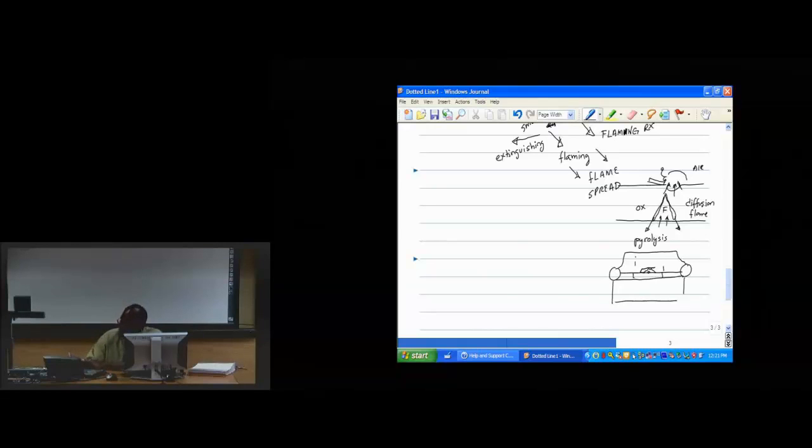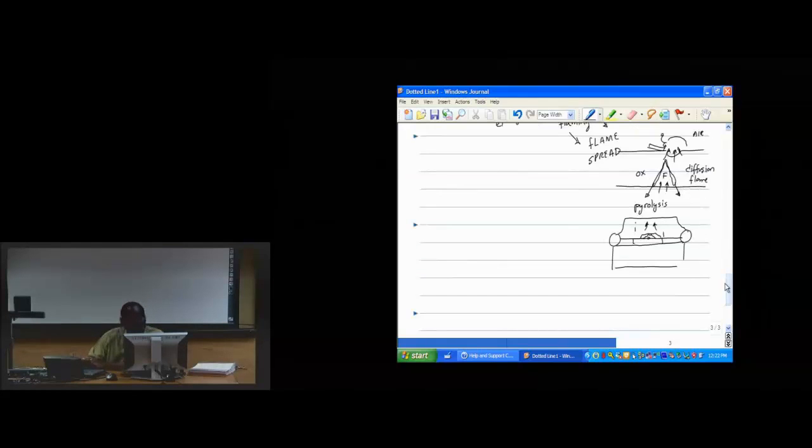So the flame spread process and the buoyant plume that's generated by this combustion process are really the first indicators that are part of the physics that we can use in terms of detection and alarm systems.